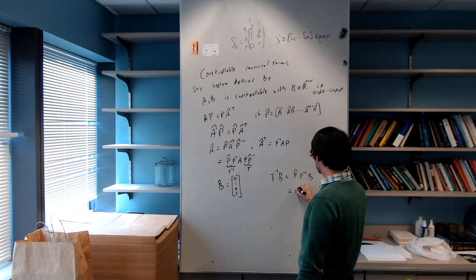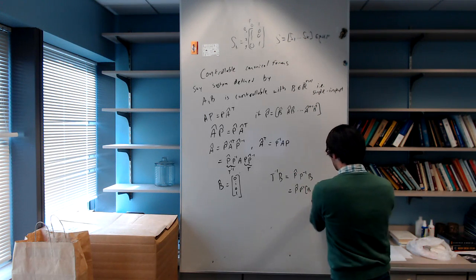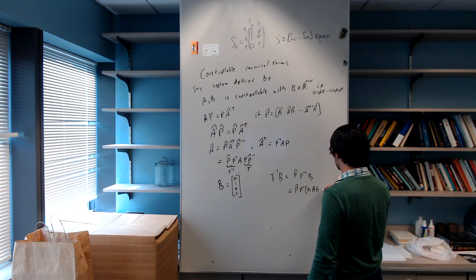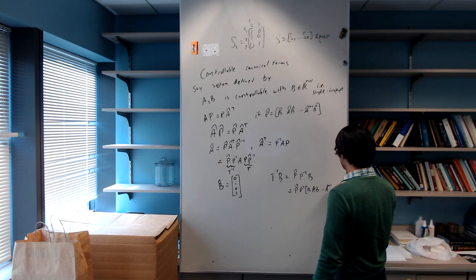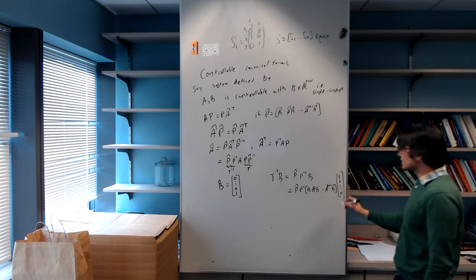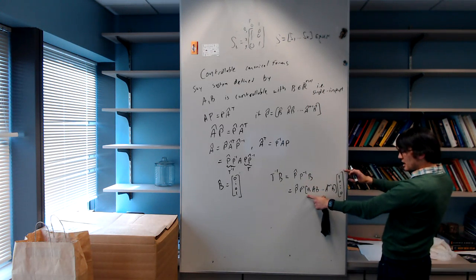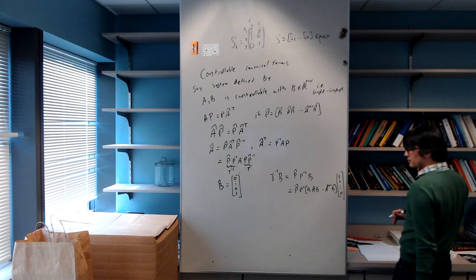It's going to be P hat times P inverse times B, AB, up to A n minus 1 B, times 1, 0, 0. There's just a little bit of trickery here. I can look at this vector B and I can pick it off by just putting a 1 here and zeros everywhere else.